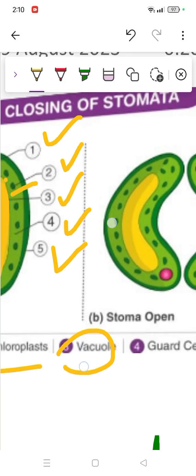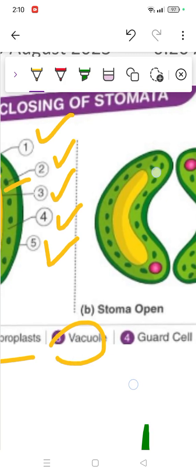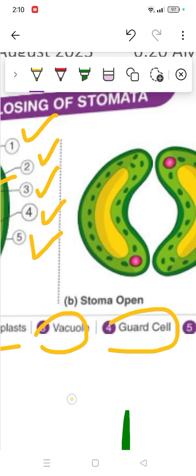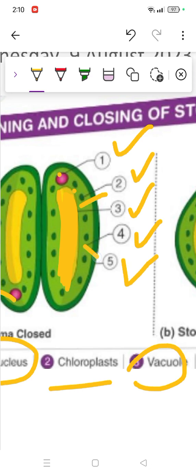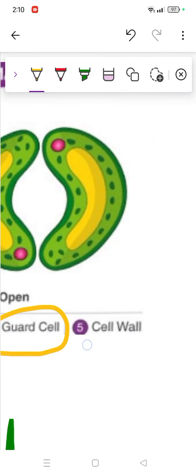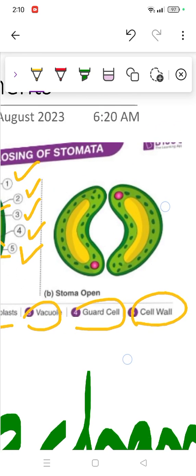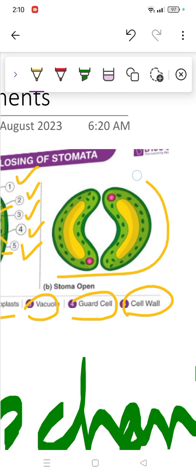This kind of MCQ you might see a lot. Fourth is the guard cell, this green space. Fifth is the outer covering, called the cell wall. The same labeling goes for the open stomata.